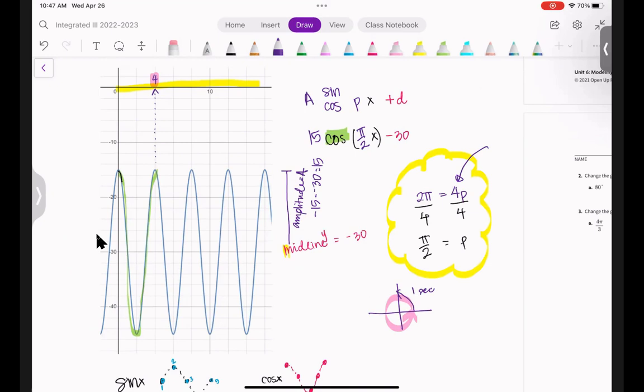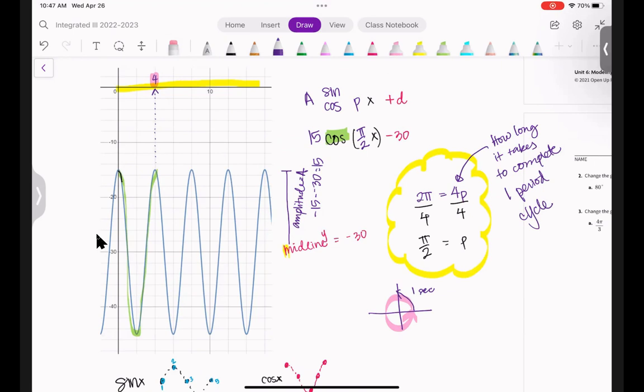It's how long it takes to complete one cycle. Sorry, let's put period or cycle.